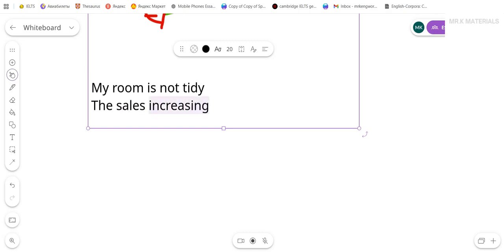What is increasing? Is it present continuous or present simple? I think it's none of this, right? If it's present continuous, I need my to be. If it's present simple, I just need a verb, not verb-ing. So choose one. Agar bo'lib turadigan narsa bo'lsa, hozir bo'layotgan bo'lsa, это сейчас, I'll put increasing and I'll say are increasing.